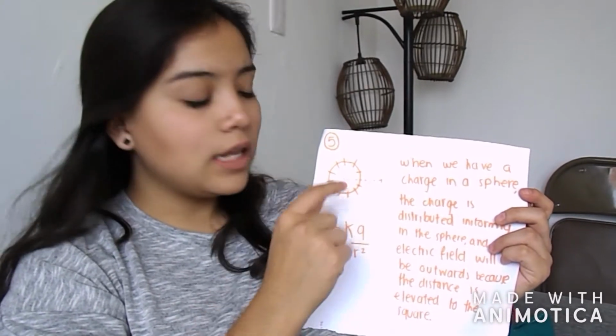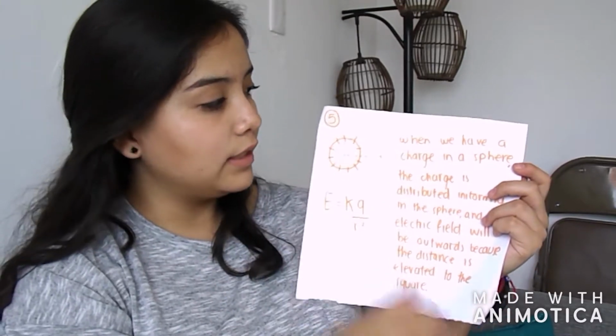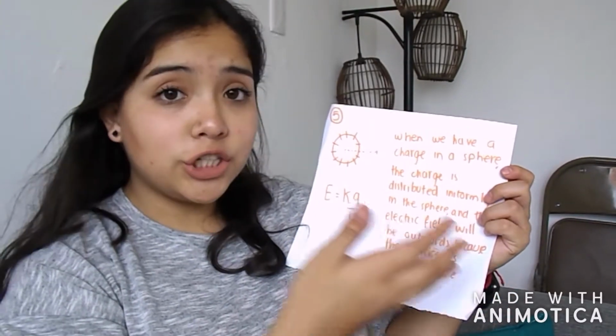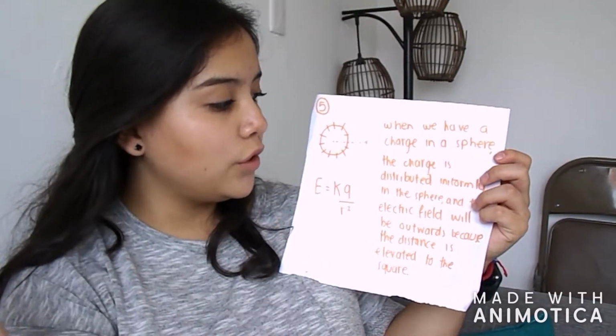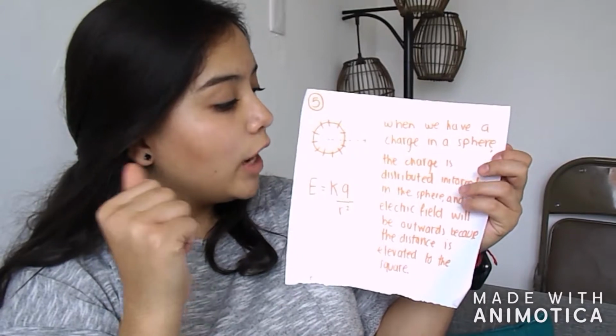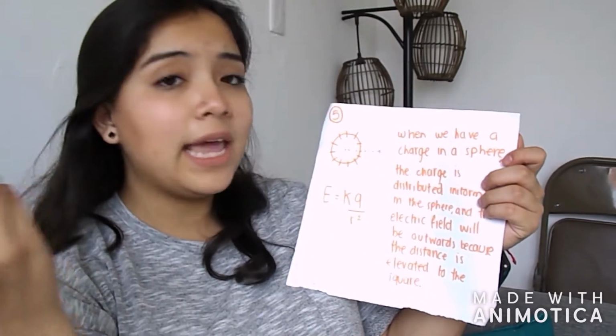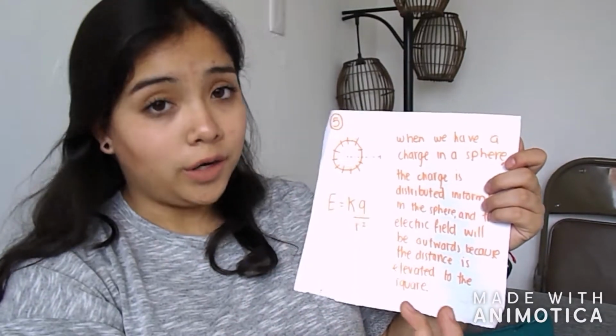And when the distance is measured from the center, we're gonna need to square the distance. When we have a charge in a sphere, the charge is distributed uniformly in the solid sphere, and the electric field will be outwards because the distance will be squared.